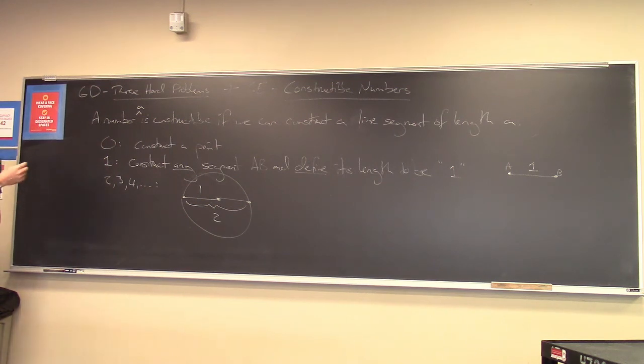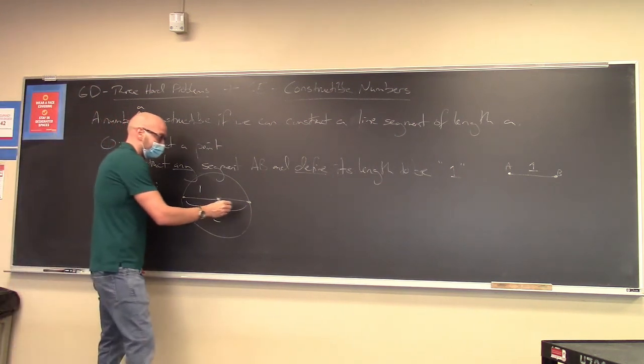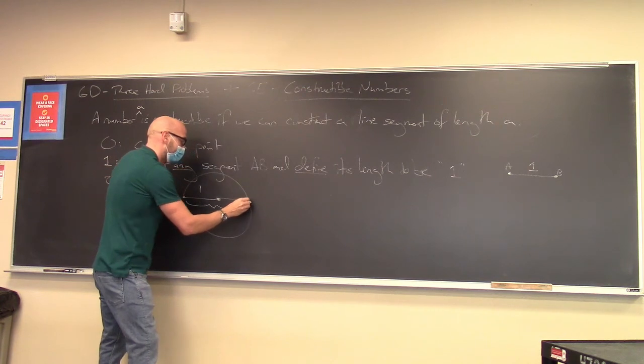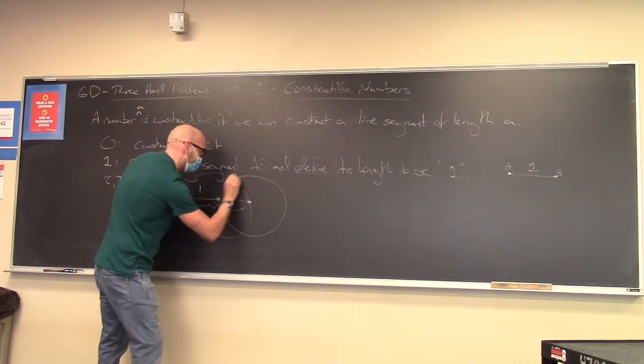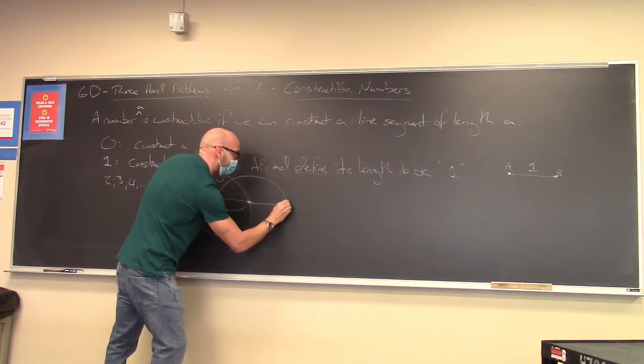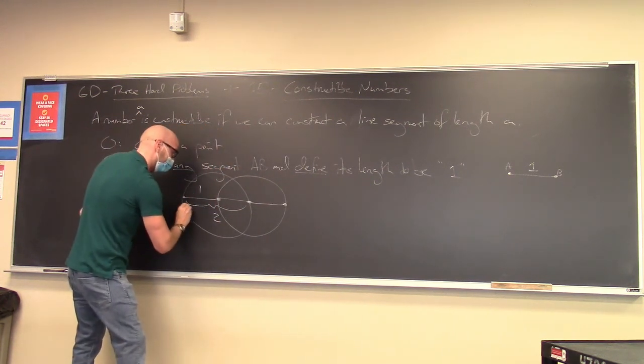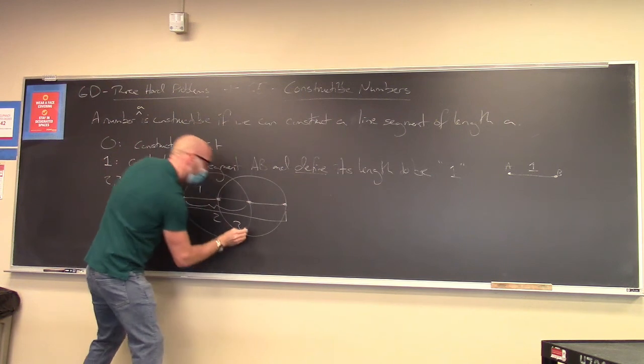And from there, hopefully you can see how to construct length 3, do the same thing. Come to your very last point, draw a circle centered at that point of radius 1. Now I have length 3. And so on.